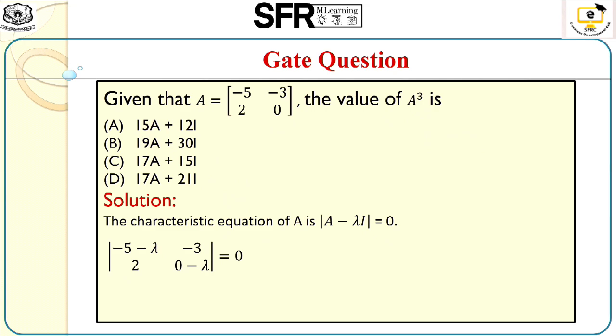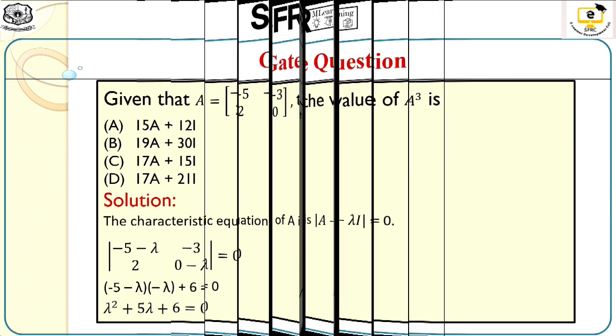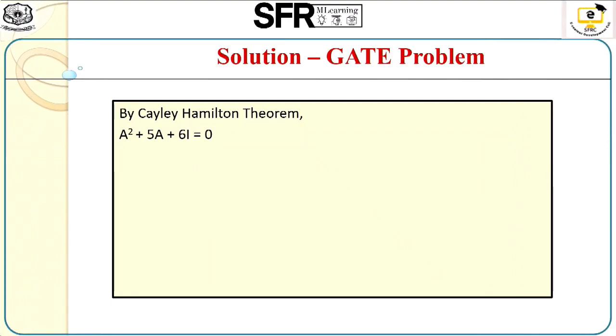For that, first you find the characteristic equation of the given matrix A, that is lambda squared plus 5 lambda plus 6 equal to 0. We know that the Cayley-Hamilton theorem says a matrix satisfies its characteristic equation. That is why we can replace lambda as A. That is why A squared plus 5A plus 6I equal to 0. That implies A squared equal to minus 5A minus 6I.